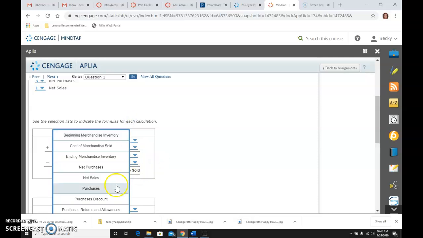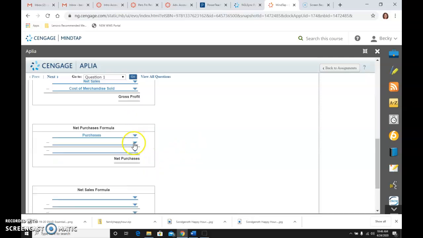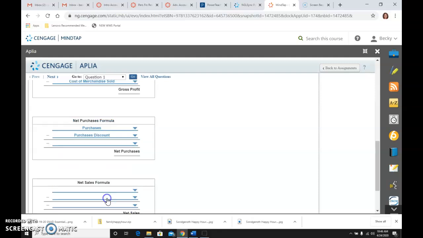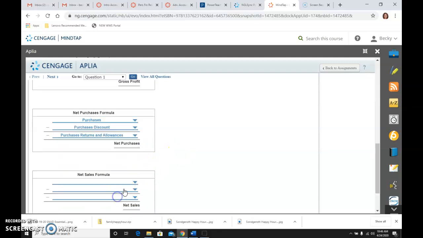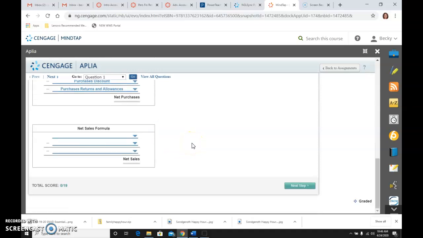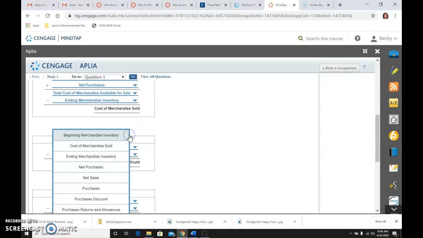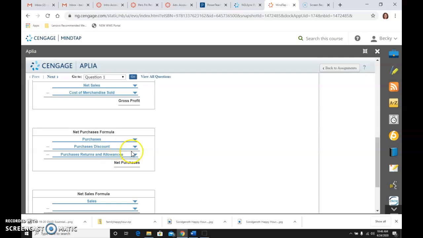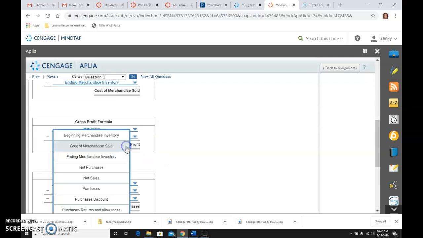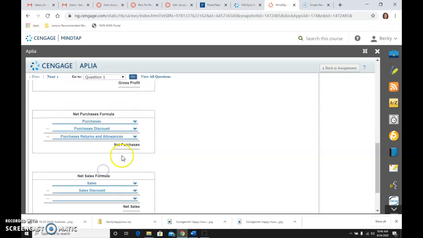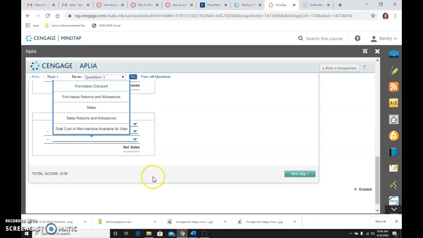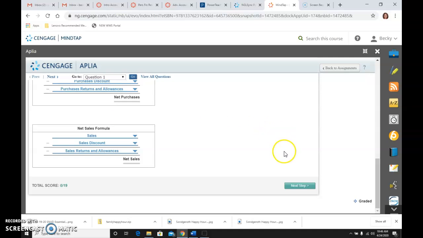Net purchases is purchases minus purchase discounts and minus purchase returns and allowances. And net sales is sales minus sales discounts and minus sales returns and allowances.